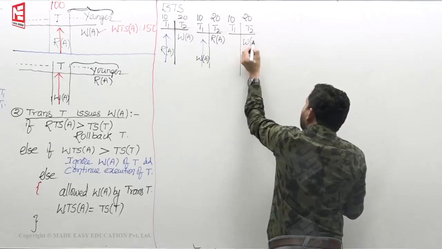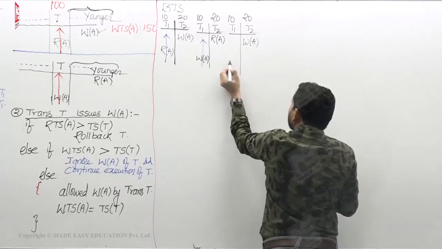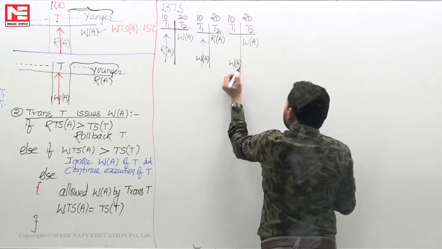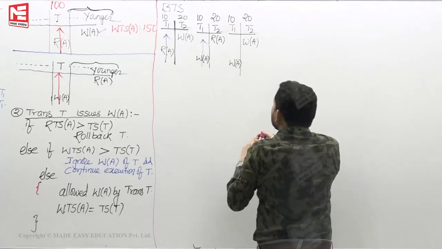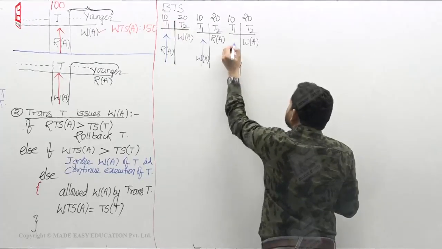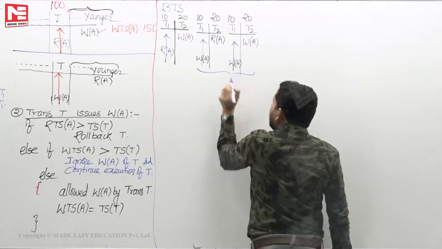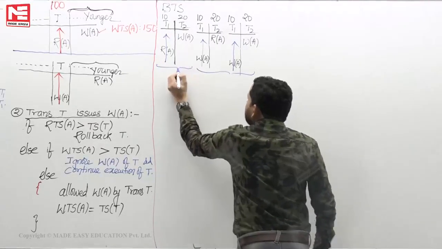If T2 has already done the write, then the write request of T1 is not allowed. This T1 gets rolled back. So there are two rollbacks because of write, one rollback because of read.